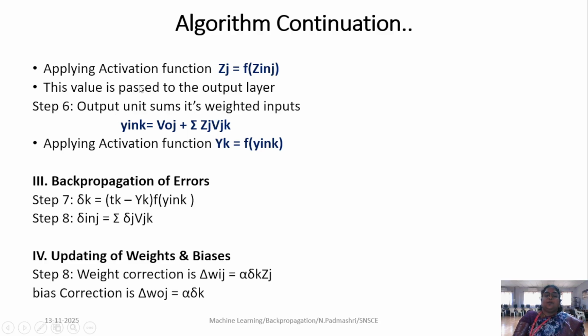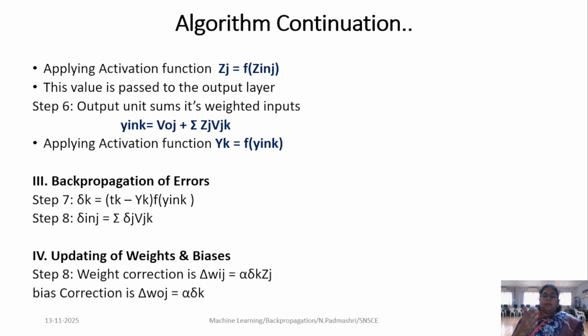Next, we need to check the activation function. What does the activation function mean? You check whether the particular node is active or not. Whenever the node is active, only then can it transmit the data to the next layer. If it is not active, we cannot transmit the data to the next layer.